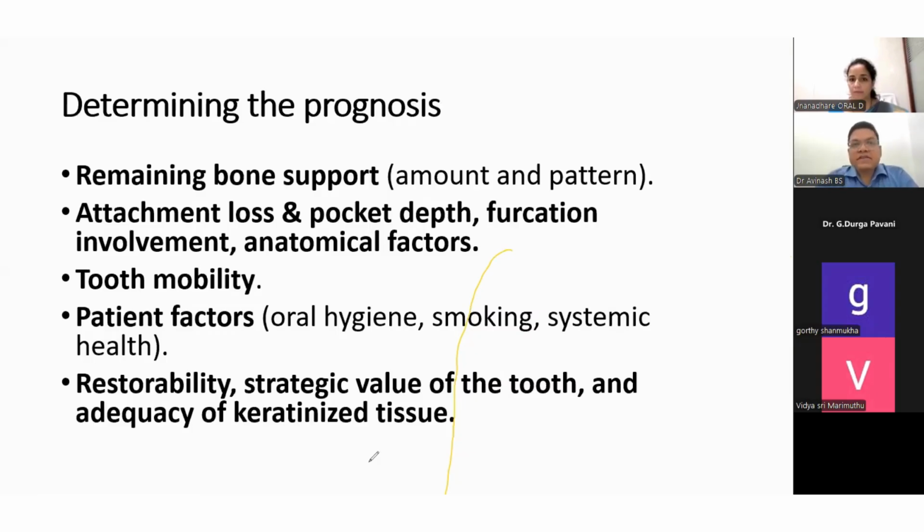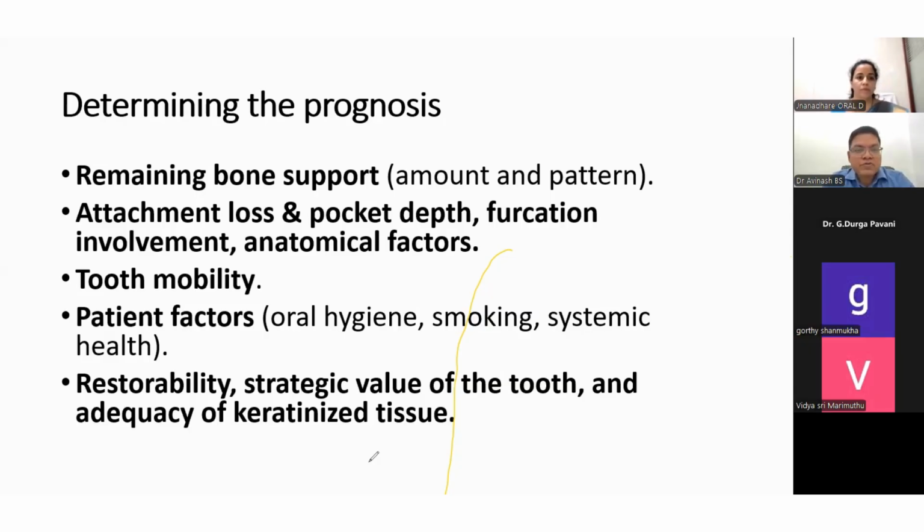Now, what are the factors we need to look at to determine the prognosis of periodontal disease? One is remaining bone support, then how much attachment loss, because of pocket depth, whether there is furcation involvement or not, then other anatomic factors, then the mobility of the teeth, and patient factors like their habits, how well they maintain their oral hygiene, smoking, and their systemic health, like uncontrolled diabetes.